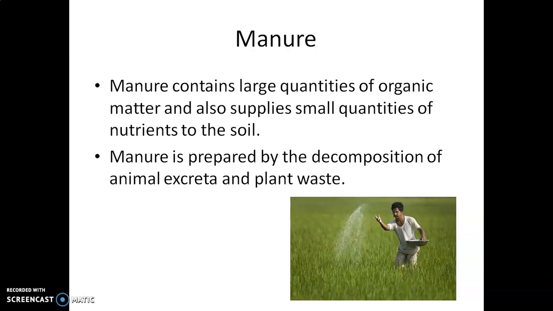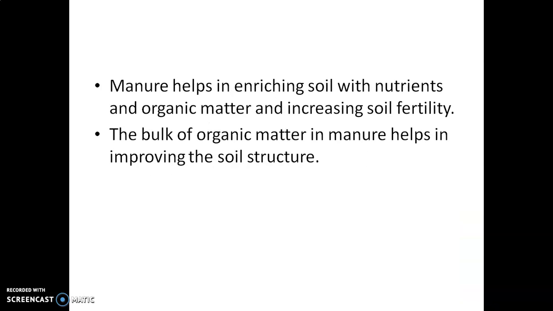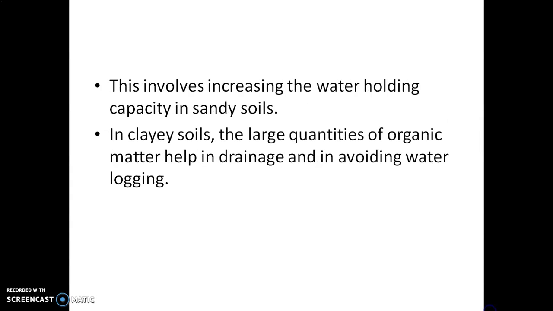So the second one, manure. Manure contains large quantities of organic matter and also supplies small quantities of nutrients to the soil. Manure is prepared by the decomposition of animal excreta and plant waste. We know that it helps in enriching soil with nutrients and organic matter and increasing soil fertility. The bulk of organic matter in manure helps in improving the soil structure.